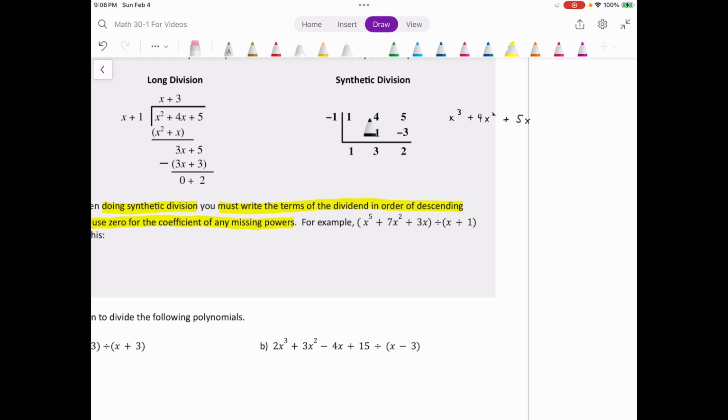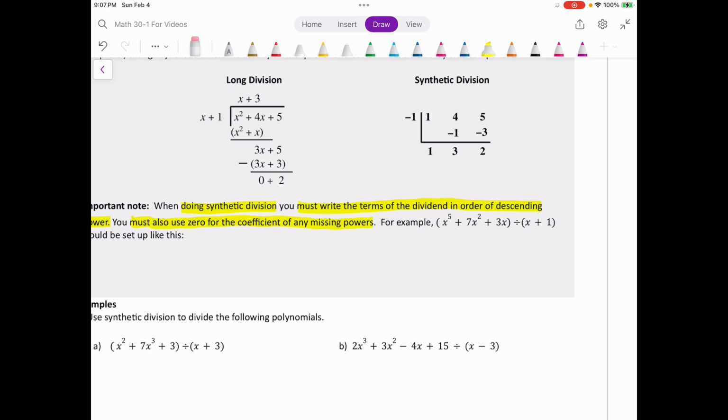It wouldn't do it correctly, because it would still treat this, if I just did 1, 4, 5 for that, it would say, all right, x squared, x, and constant, okay? What I would need to do is add in a 0 there to tell it that this is actually x cubed, this is x squared, this is x, and there is no constant, okay? So we have to fill in the gaps with zeros if there are gaps.